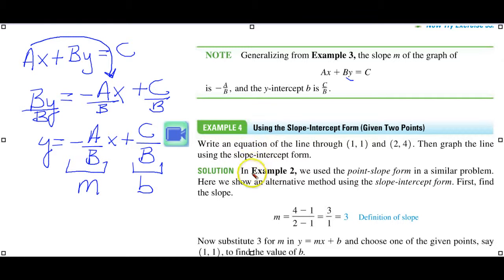Now, we could use the slope-intercept form if we have 2 points, as we've mentioned before, to find the slope of this, and we get the slope is 3. Now, what we can do is to substitute.